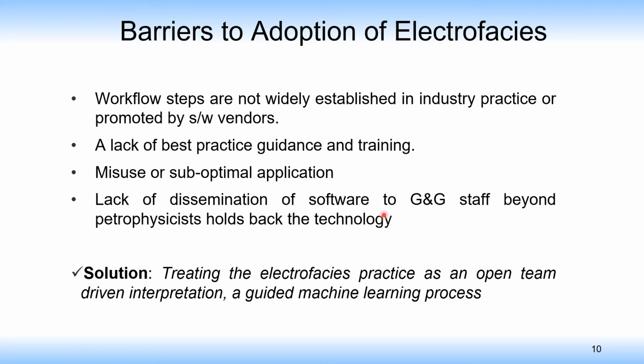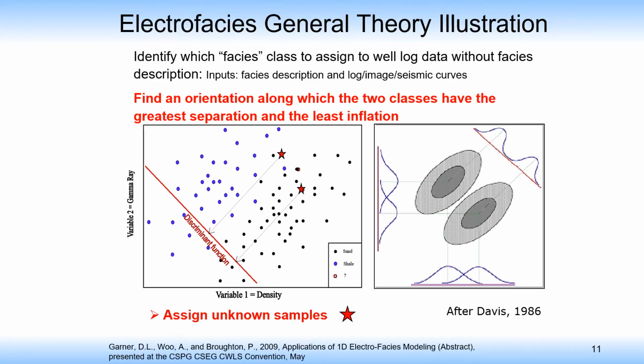There's a lack of dissemination of the software within G&G groups to staff beyond petrophysicists. And this holds back the technology because it needs more than just petrophysics. So we need to treat electrofacies as a practice that's open within the team. It's driven by interpretation. It's a guided machine learning process, methods.